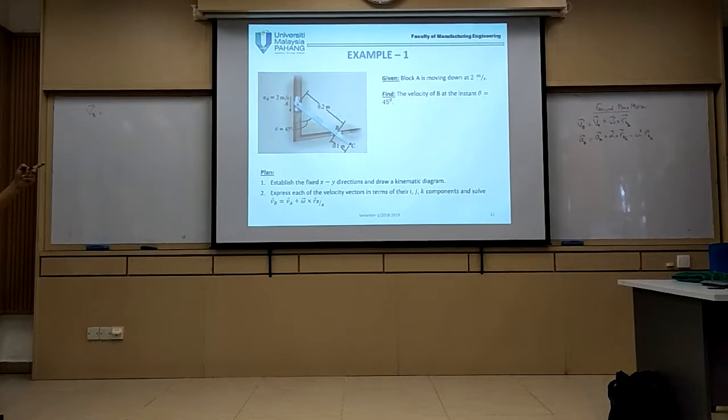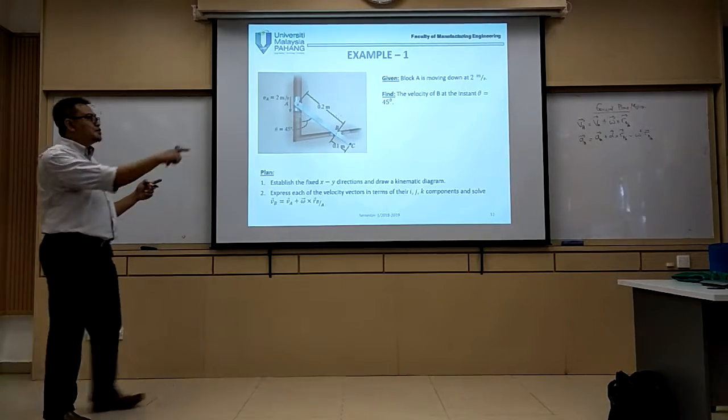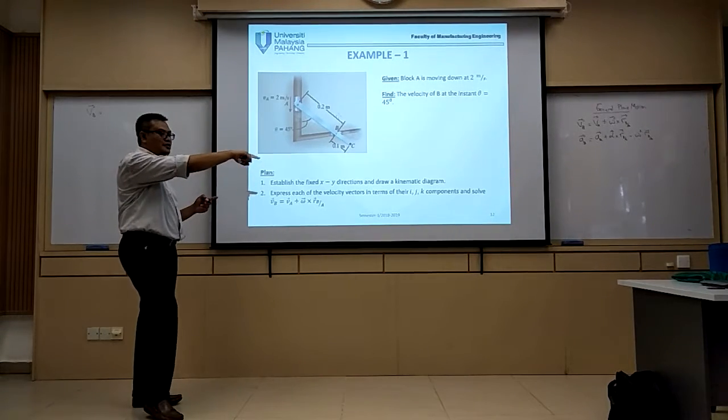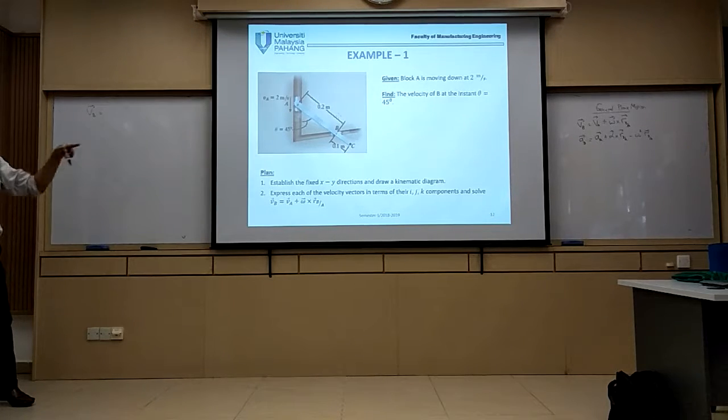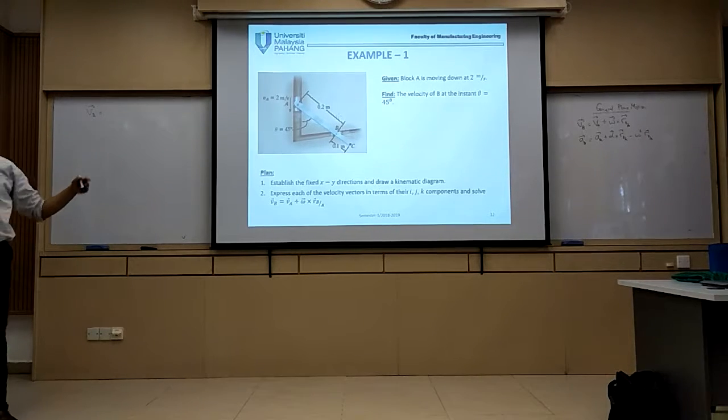Why? Just now you mentioned B is only moving to the right. So then, what is the vector direction for moving to the right? I or J or IJ?